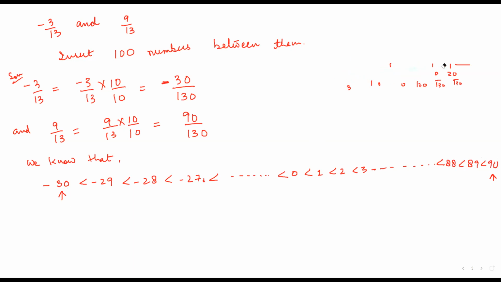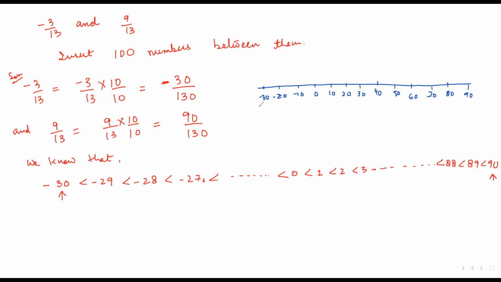Okay, you see the number line here. Now please try to understand this thing. See, I have a number line, right? I'm taking intervals of 10. So minus 30, minus 20, minus 10, then I have 0, then 10, then 20, 30, 40, 50, 60, 70, 80, and 90.